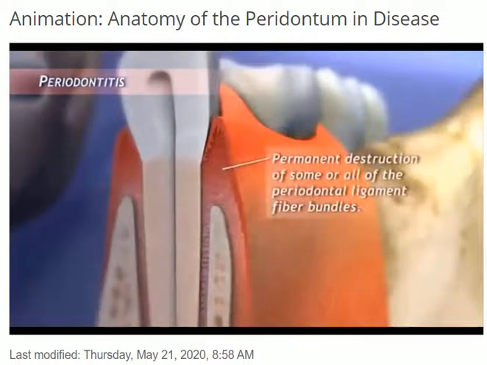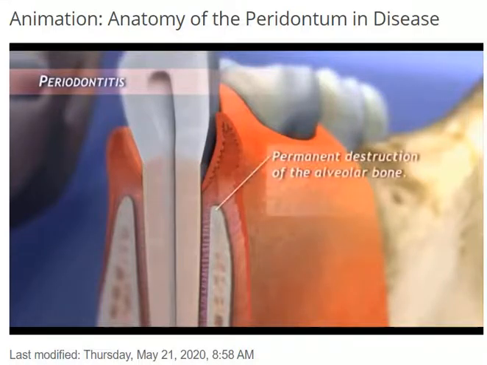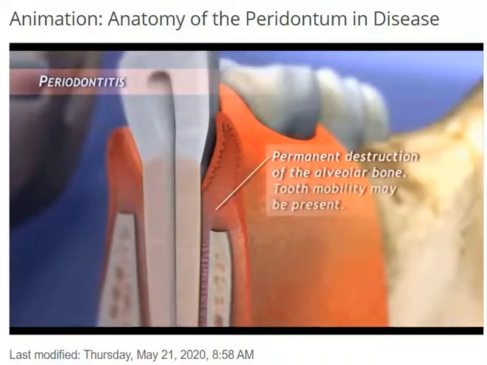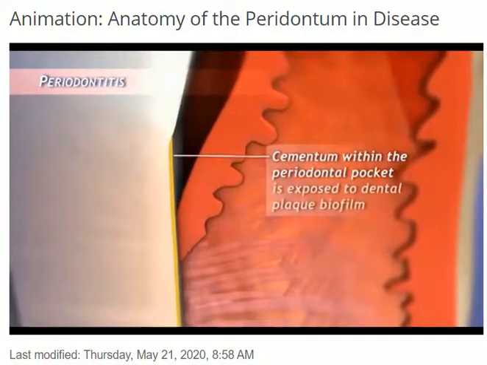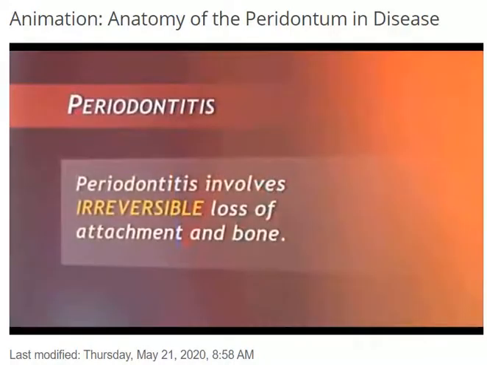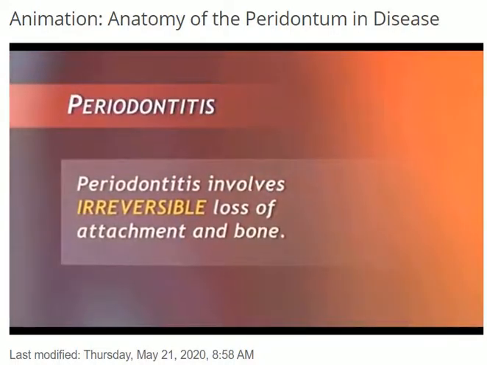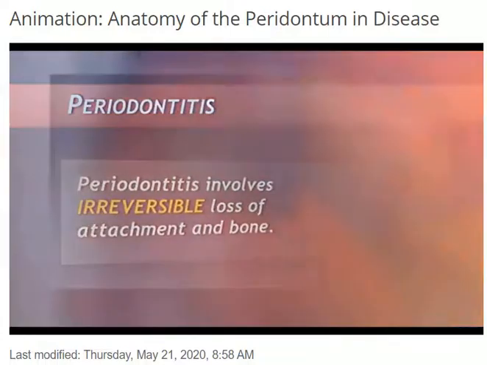There is permanent destruction of some or all of the periodontal ligament fiber bundles. There is permanent destruction of the alveolar bone that supports the teeth. Tooth mobility may be present. Cementum within the periodontal pocket is exposed to dental plaque biofilm. Periodontitis involves irreversible loss of attachment and bone.